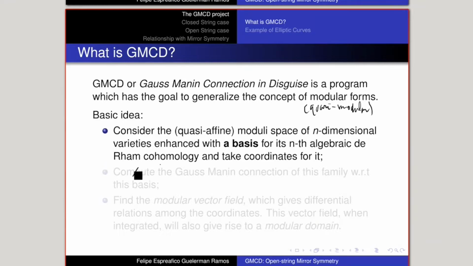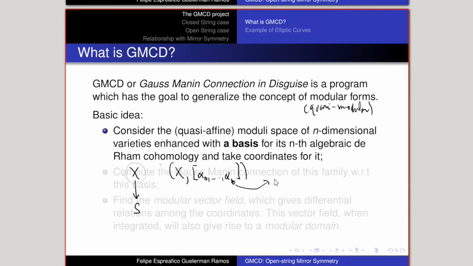So you start with some kind of family of varieties here, and you consider the algebraic cohomology of these spaces, which is a sheaf over S, and then you consider pairs of varieties in this family and a basis for the algebraic cohomology.